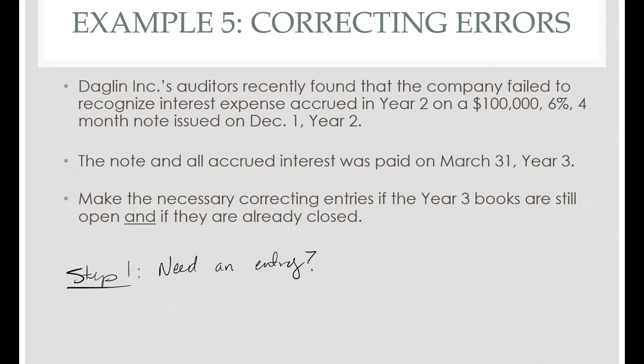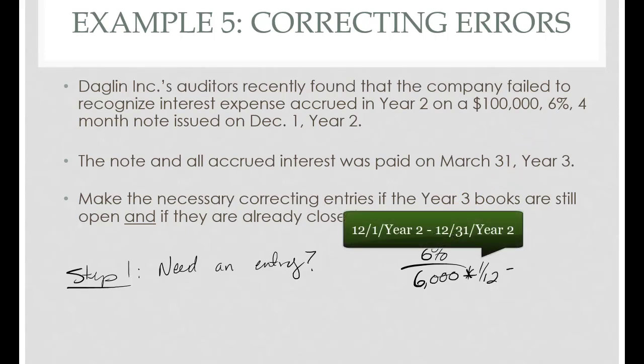Perhaps another way to see this is to actually look at the amounts. Sometimes that can help a little bit. So let's figure out how much interest they should have accrued in December. It was a $100,000 note, 6% interest, and interest rates are always annual unless they say otherwise. So $6,000 annually, 1 of 12 months has passed.